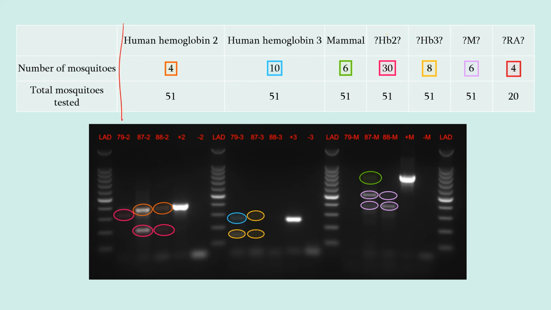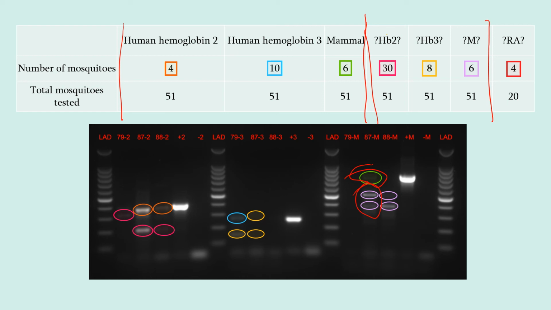These first 3 columns in the table show the number of samples that did match our controls, and these second 3 columns show the number of samples that tested positive but did not match the controls. A mosquito can fall into both of these categories. As you can see, mosquito number 87 here with the mammalian primer has 1 band that matches the controls and 2 bands that don't match the controls.